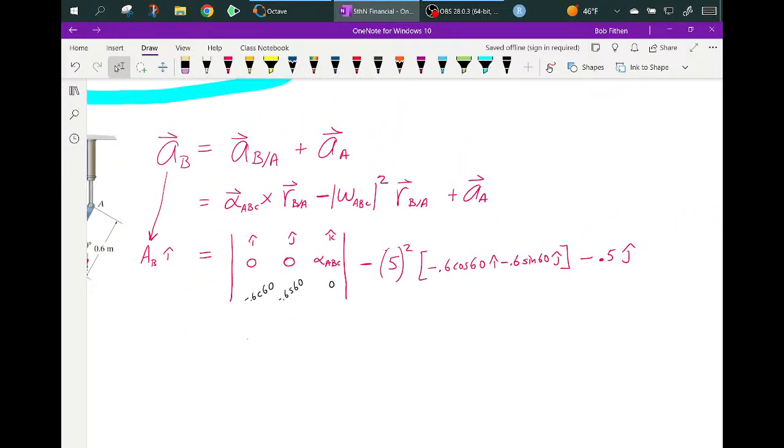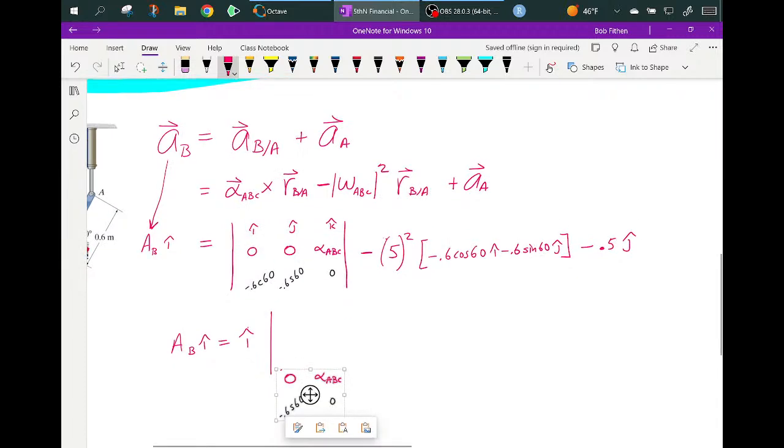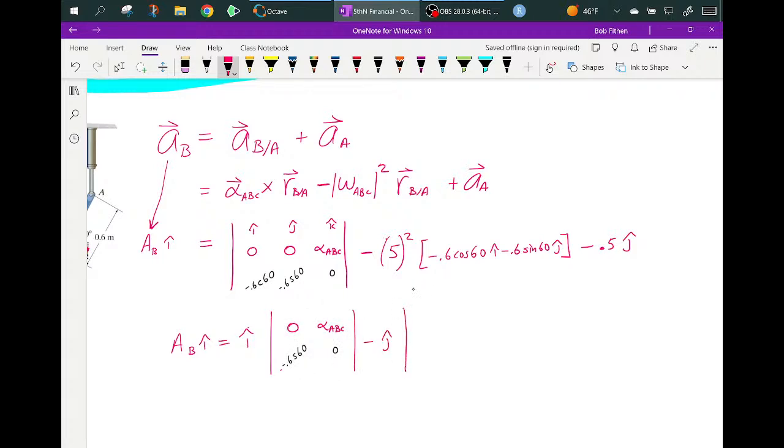Now, let's do our covector expansion like stuff here. And what I'll do, acceleration of B I is equal to I times, here I'm going to start using the magic that I can. Here you go.